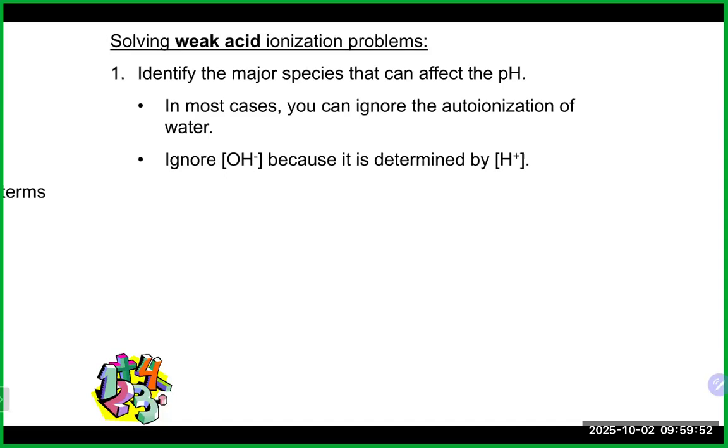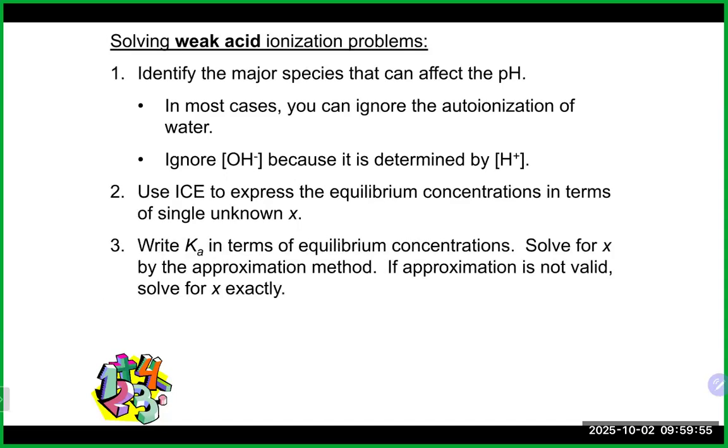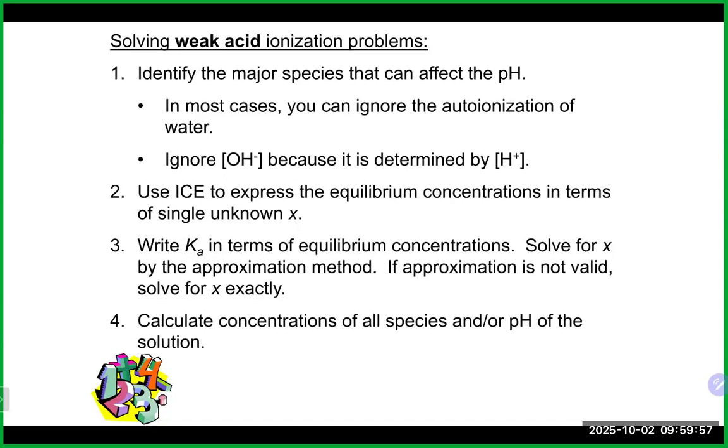So as we just saw there and we did last time, we will do an ICE table for any type of weak acid, and as we'll see as well, weak bases. In most cases, we ignore the ionization of water. So what this means is for all of our calculations, we ignore water's contribution to H plus and OH minus.